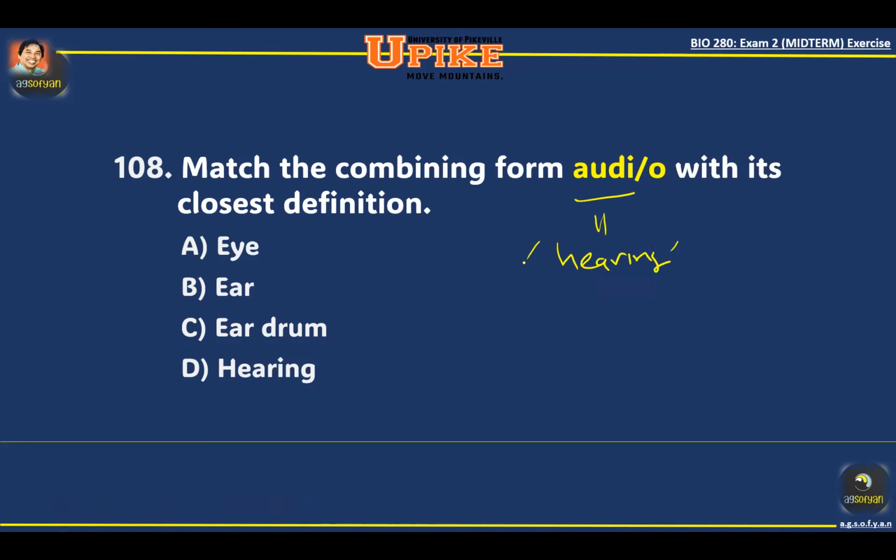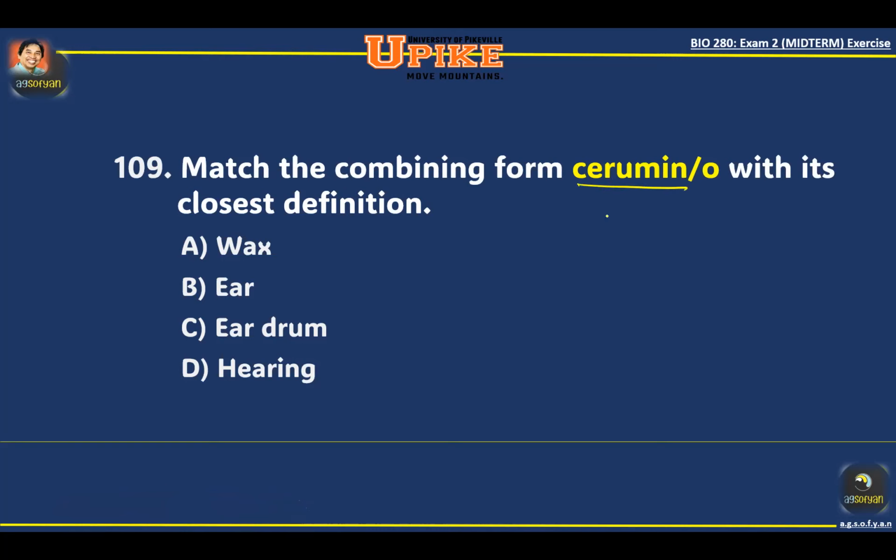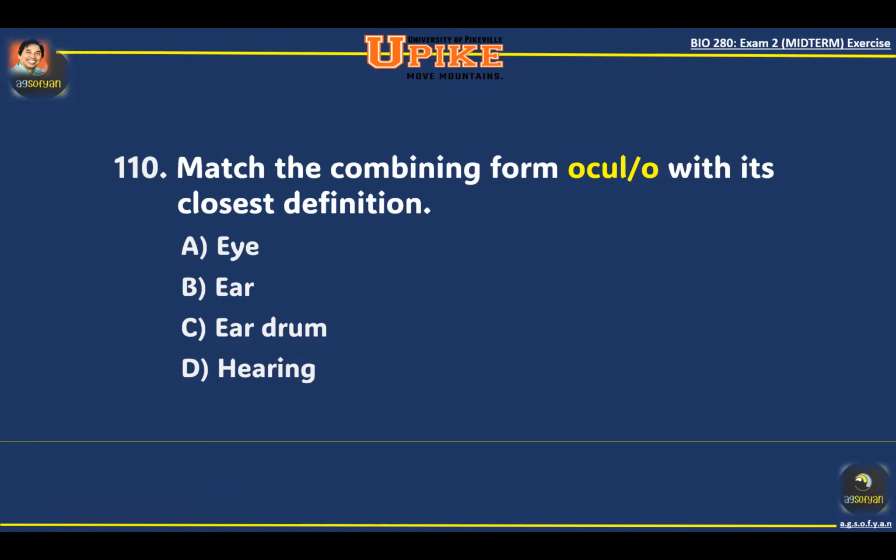So audio is related to hearing. Cerumino. This is something present inside our ear, which is wax. Oculo, I already mentioned that. Oculo, ophthalmo mean eyes.